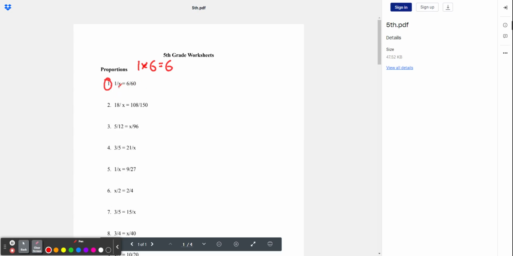So in order for x to become 60, we must have multiplied x by 6. So in order to find this x, we're going to divide both sides by 6. And 60 divided by 6 is 10. So 1 over 10 is equal to 6 over 60.